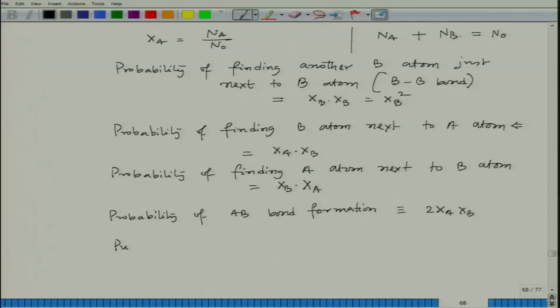Now, if I try to see a pure case, pure A lattice, at that time we know that PAA, that is the number of AA type of bond in case of pure substance, is nothing but Na Z by 2.